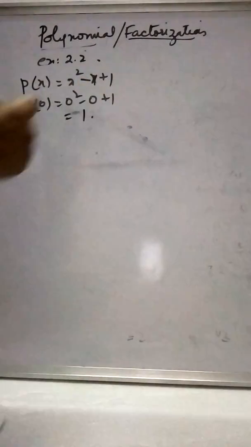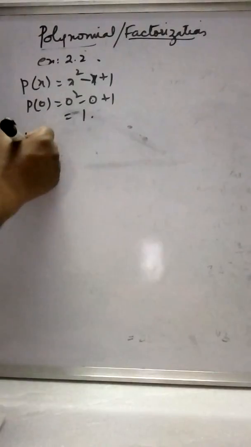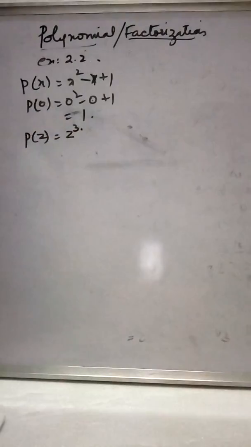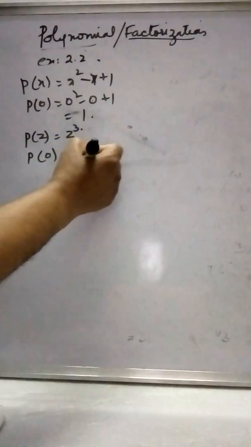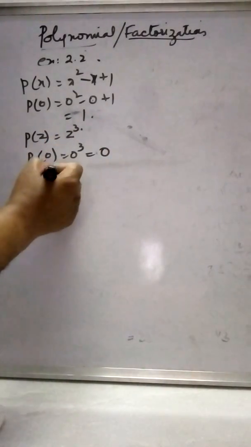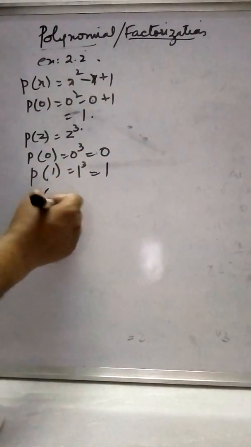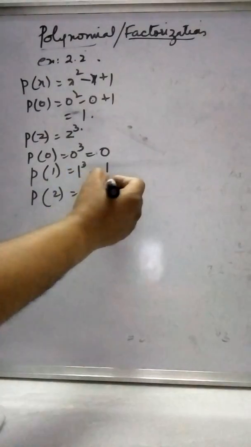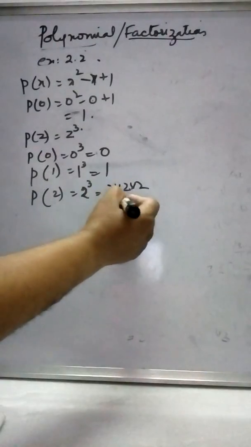So the answer will be 1 because 0 0 is 0 only. Next, p of z is equals to z cube. So now I'll see p of 0, that is 0 cube, which is equals to 0. P of 1, that is 1 cube, which is equals to 1. P of 2, that is 2 cube, that is equals to 2 into 2 into 2, which is equals to 8.